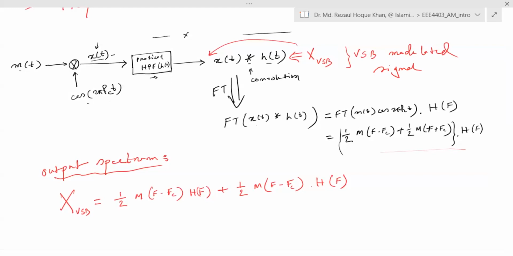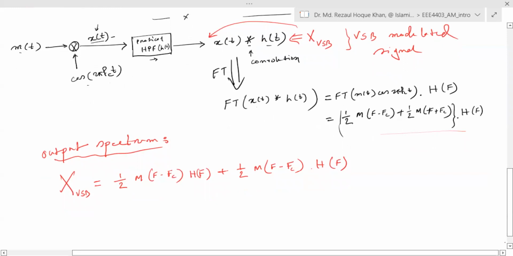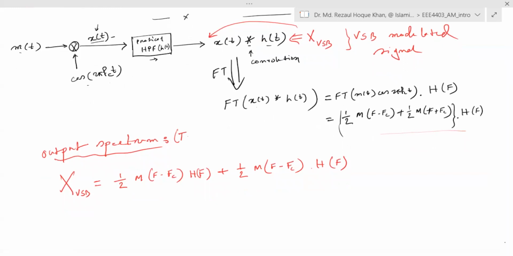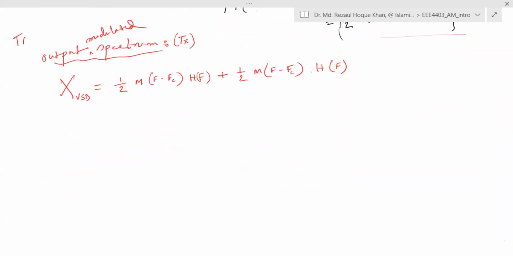Now we know the modulated signal, which will be transmitted and received at the receiver. So this is the output spectrum of the transmitter, the modulated spectrum at the transmitter.